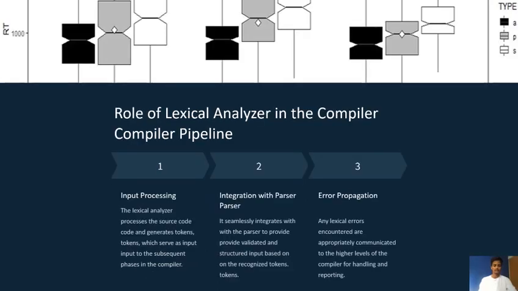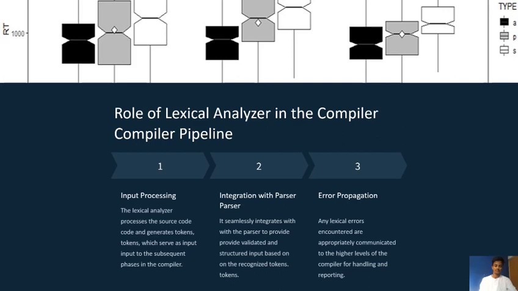Role of the lexical analyzer in the compiler pipeline. There are three aspects, that is input processing, integration with parser, and error propagation. First, that is input processing. The lexical analyzer processes the source code and generates tokens, which serve as input to the subsequent phase of the compiler.